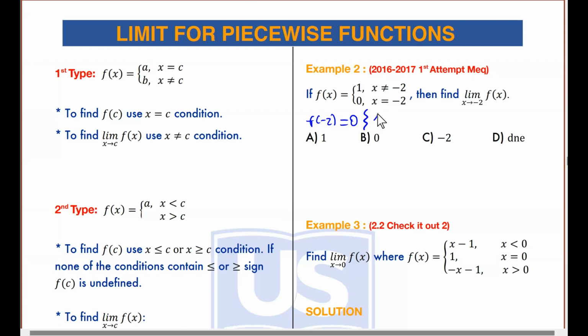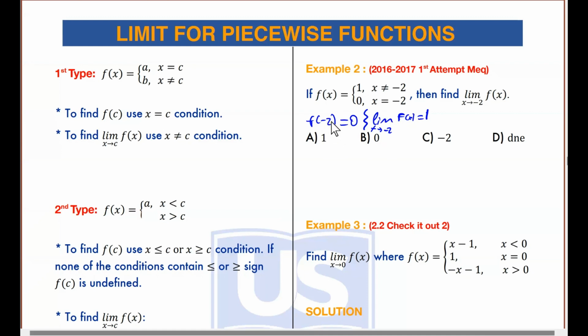But when we are asked to find the limit as x approaches negative 2 of f of x, then we will check the not equal condition, which gives us 1 right away. So both of them are in the options. 0 is in B, 1 is in A. So which one is true?